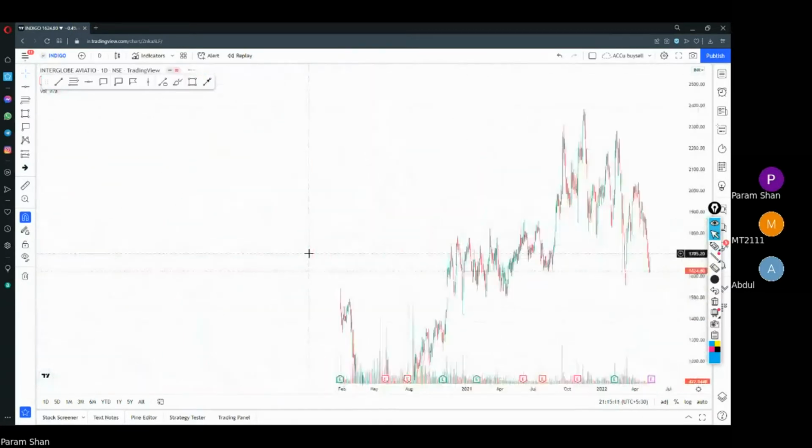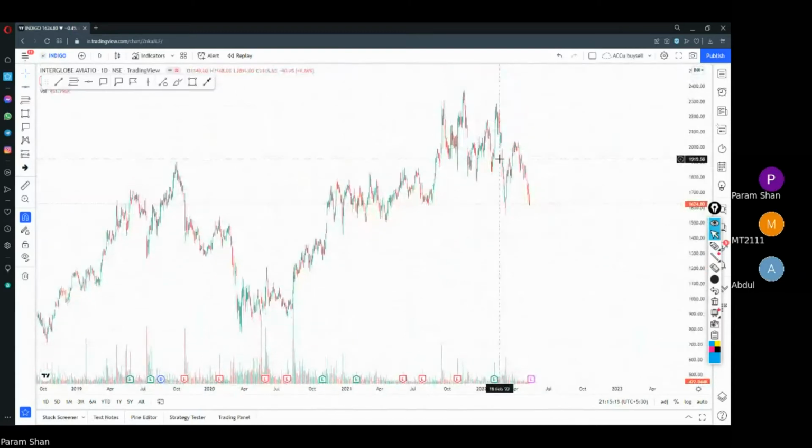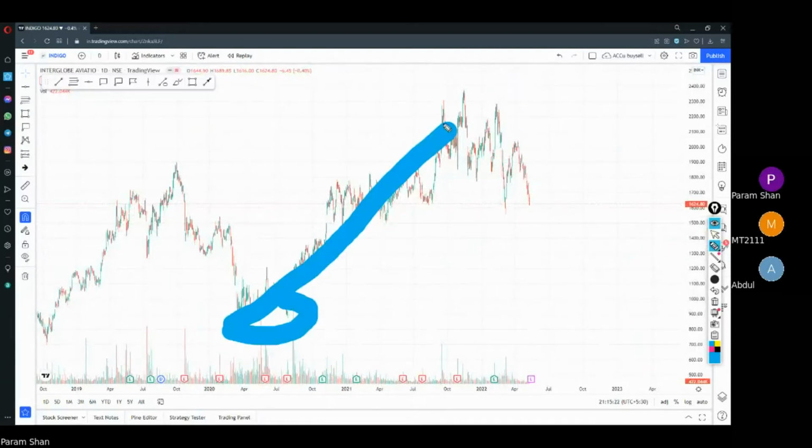So now let us look at the price at a higher level. When you look at this particular chart, it is very easy for anybody to say that the price started its journey from here and went till here. It means that this is an uptrend.